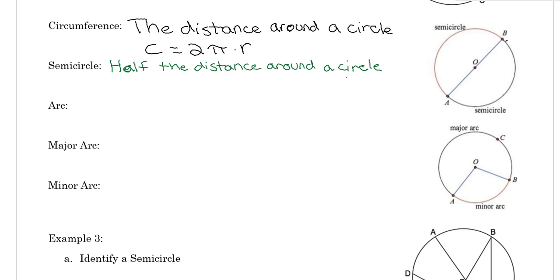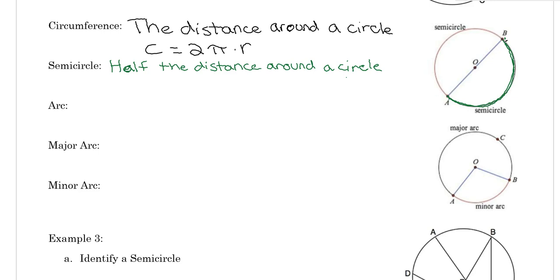Okay, so here, if I start here and go to here, I have half the distance around. Semicircles always are with diameters. The diameter cuts your circle in half.